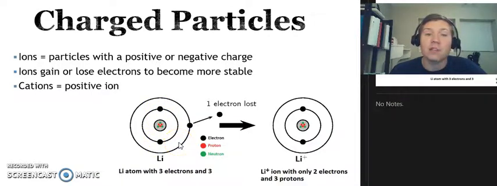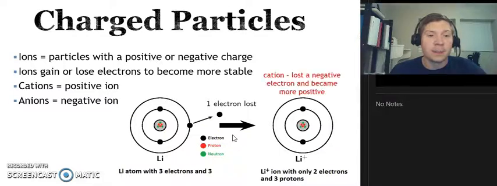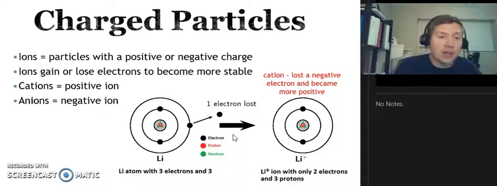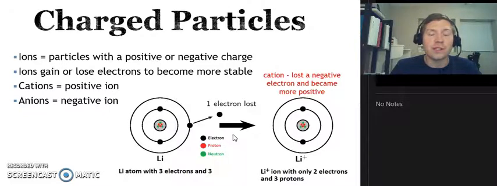Now it has a +1 charge. So we could say it's a positive ion, or we could say it's a cation. If it gained an electron, we would say it's an anion, or a negative ion. And what you tend to see is cations wanting to react with anions to form neutral molecules. And we'll talk about that more when we discuss bonding.